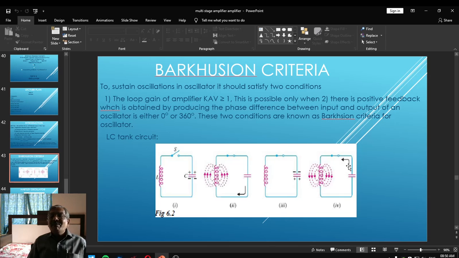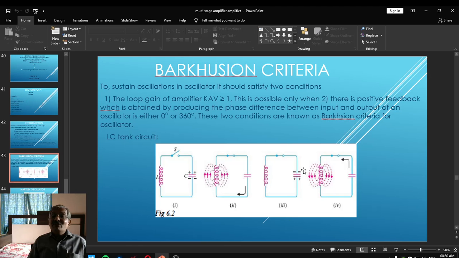By the way, when the capacitor is fully discharged, after reaching the steady state, the magnetic field across the inductance coil will again start collapsing. When the magnetic field starts collapsing again, the capacitor will start charging with the polarity represented in figure 1.